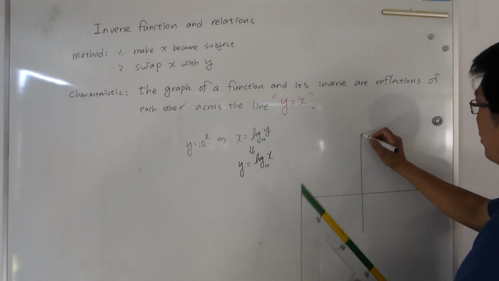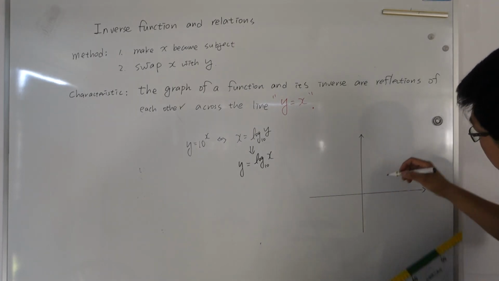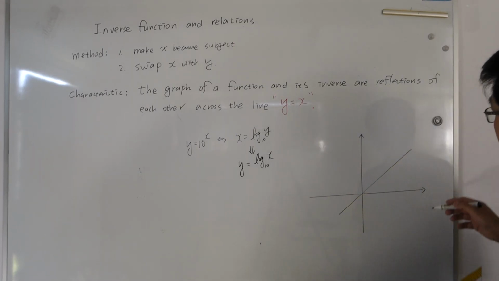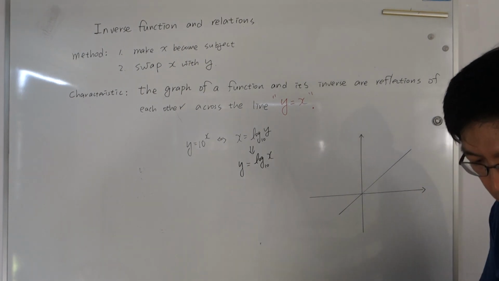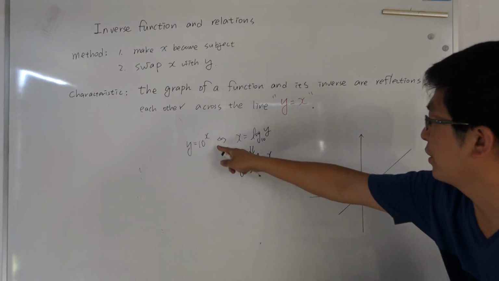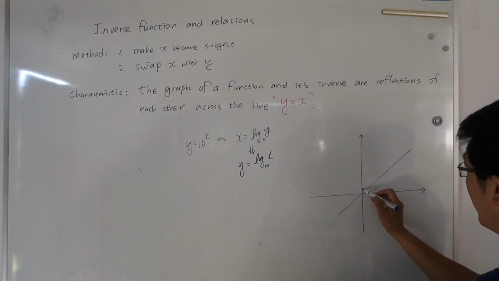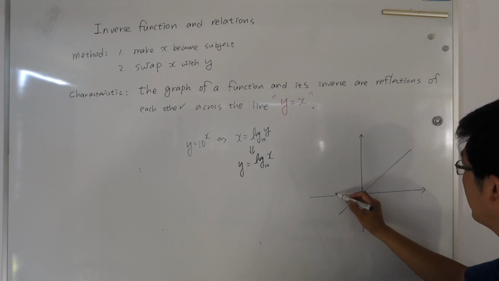If you use the graphing calculator, use Wolfram Alpha, y equal to x in here. The y equal to 10 power x must be like this. It passes through (0, 1).